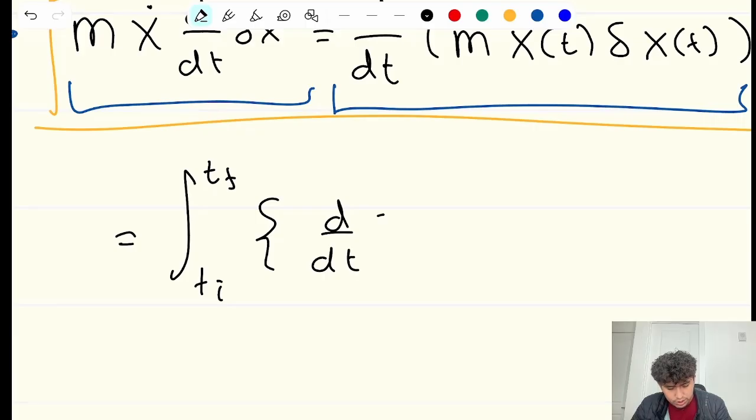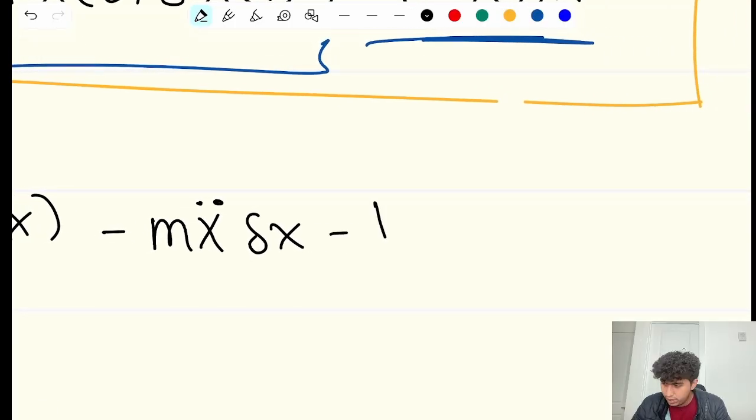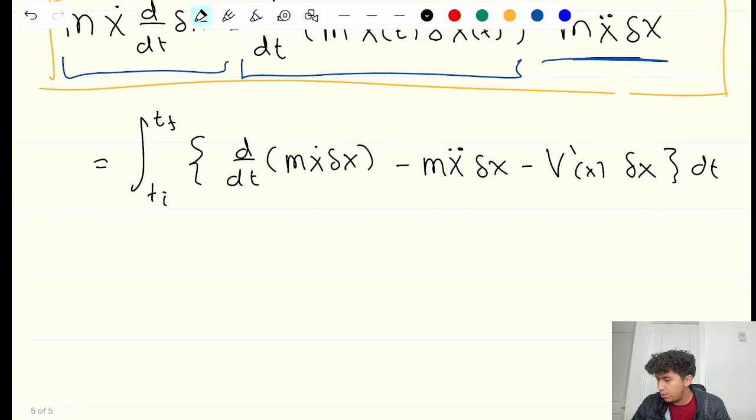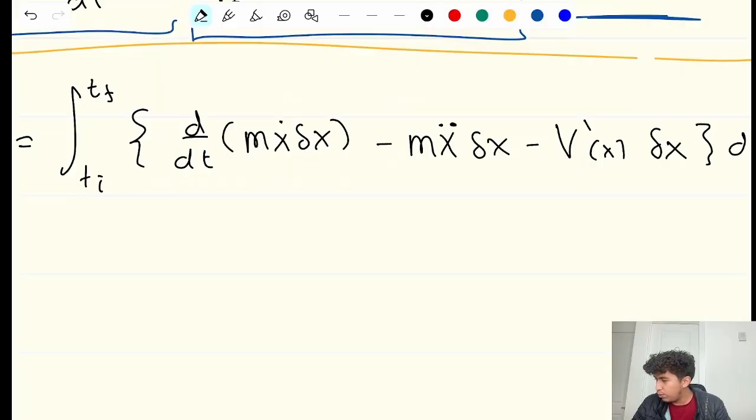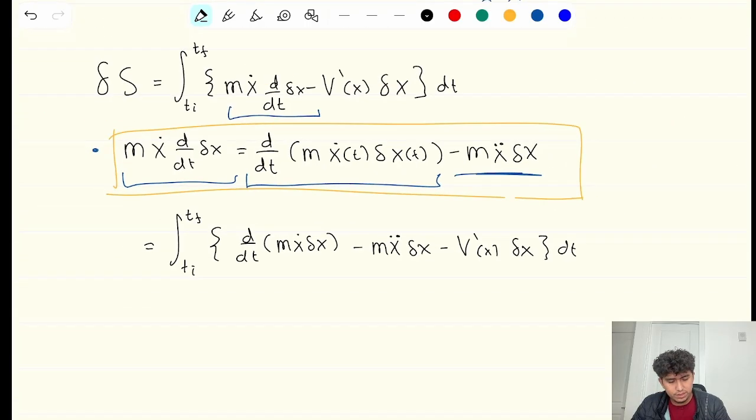So this is going to give you m x dot, minus m x dot delta x, minus b delta x dt. Cool stuff. Okay, so next thing we're going to do is make this equal to 0.